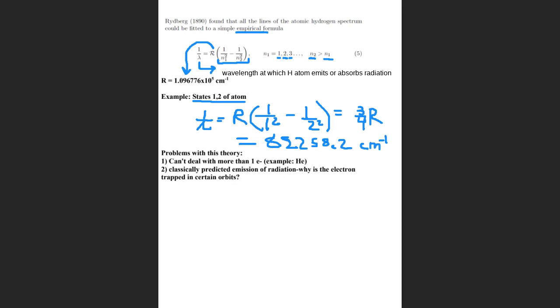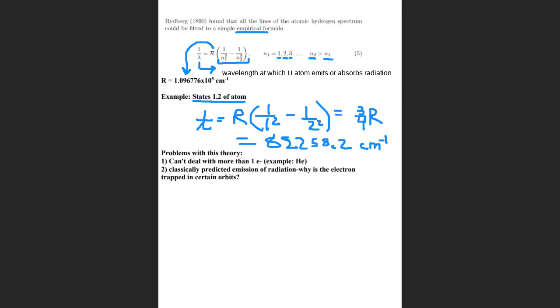Okay, you actually probably used this formula as a freshman. And we're going to spend a lot more time talking about hydrogen atoms later in the course. So what we have here is the reciprocal of a wavelength at which light is absorbed, corresponding to a jump from 1 to 2 in the Bohr theory.